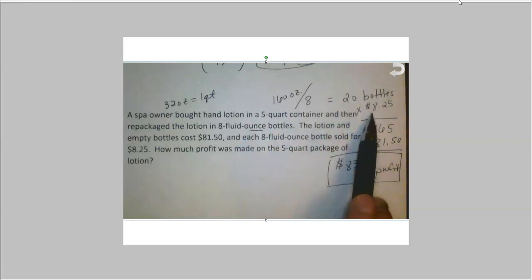Sell for $8.25 each. I make $165 minus the expenses, gives me my profit. So follow this example to help you through that question. I'm sure you may have some questions this week. Please reach out with problems so that I can help you as much as you need through the week. I'm going to pause the video now.